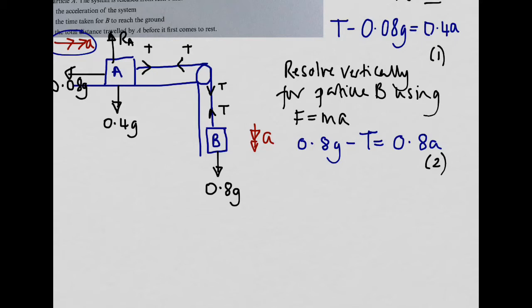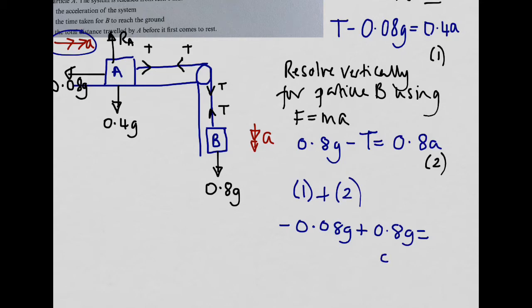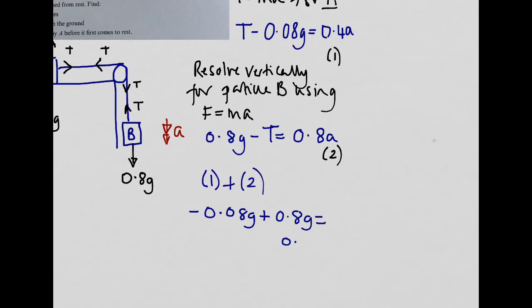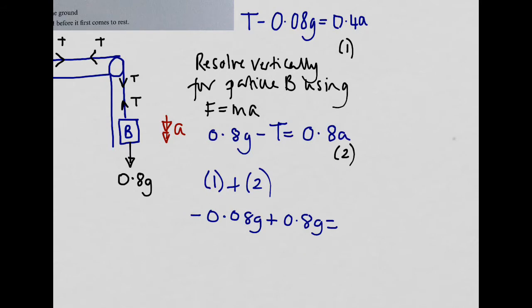If I add together the first equation and the second equation, my tensions will cancel, which couldn't be better, and I'm going to be left with minus 0.08 g add 0.8 g equals 0.4a plus 0.8a.